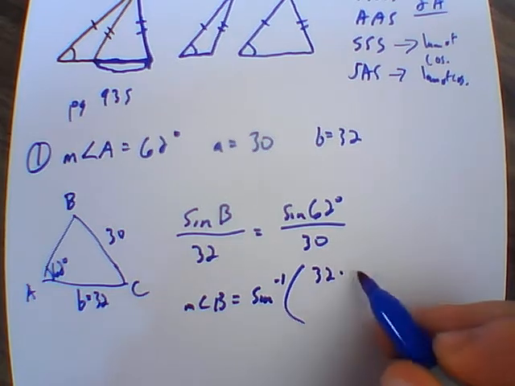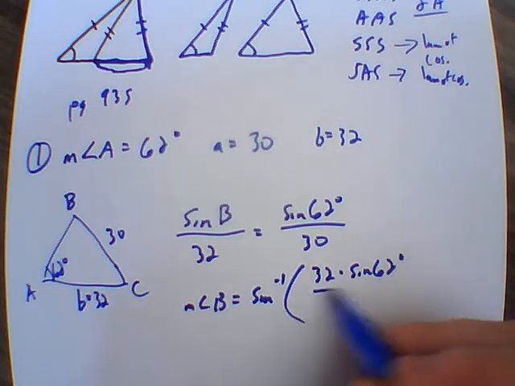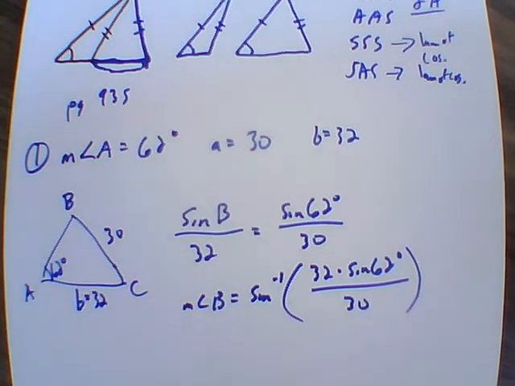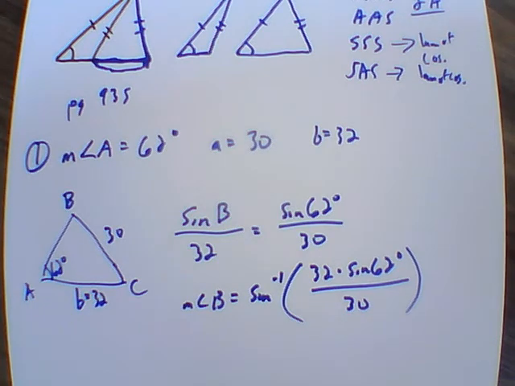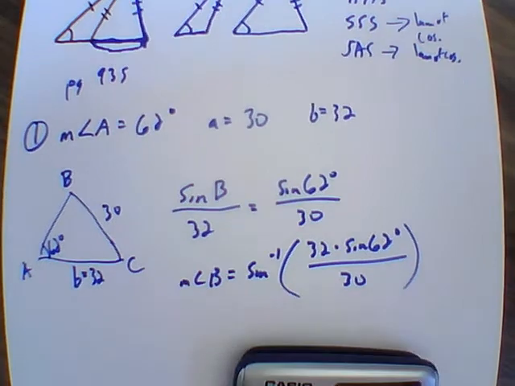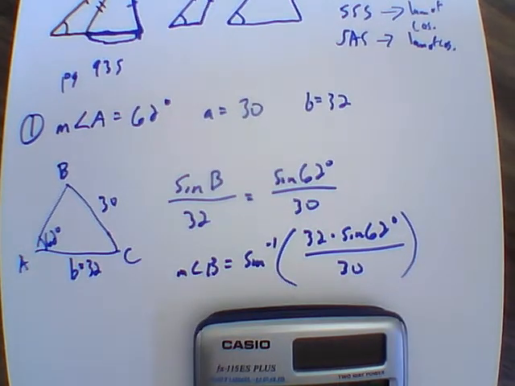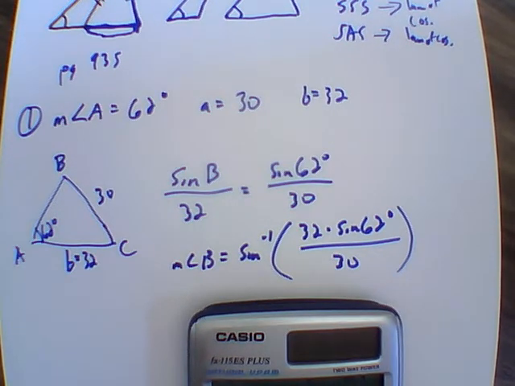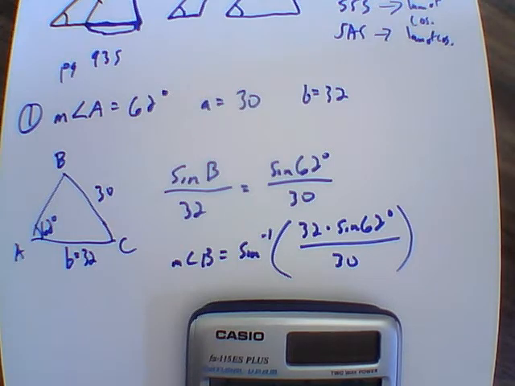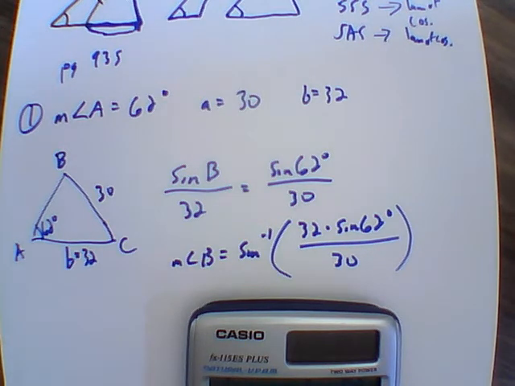So I have 32 times sine of 62 degrees over 30. When I type this into my calculator, we see that we get 70.35.